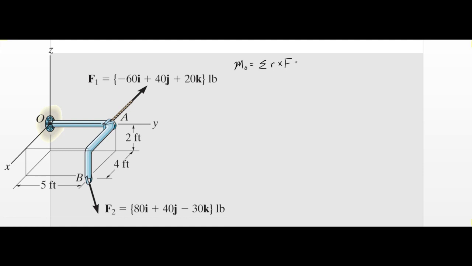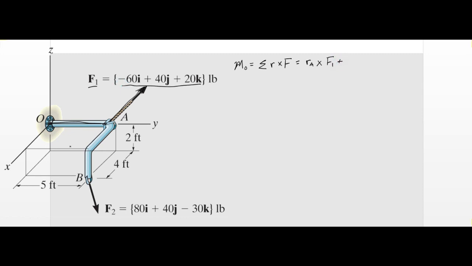So that is equal to RA, the distance from O to A, cross F1, the force line of action here for the force F1 given by the force vector in pounds.